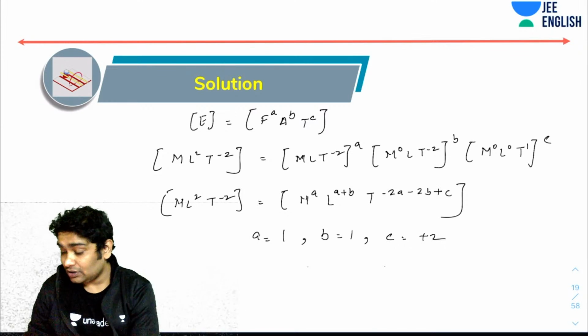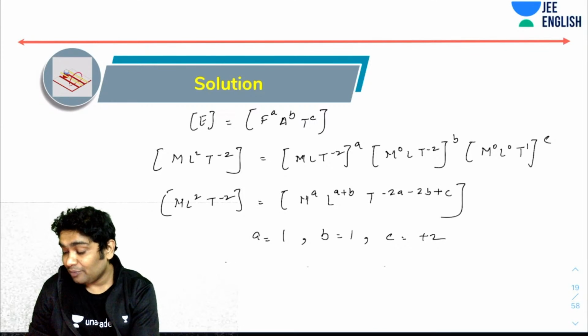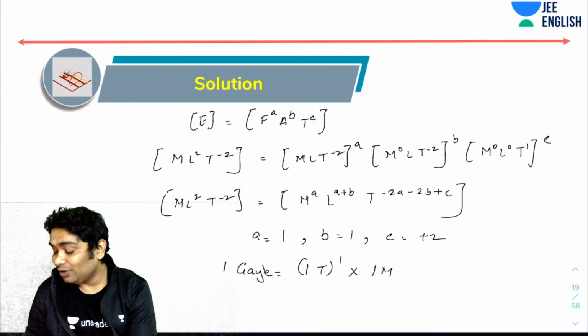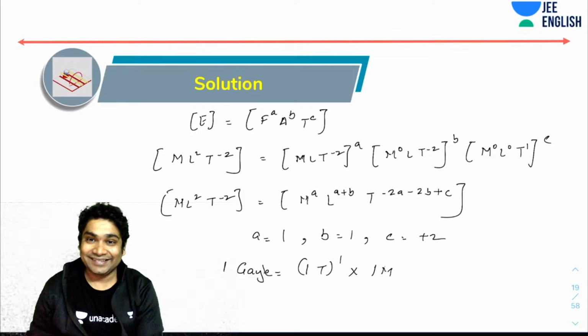Okay, now so I can say that one gale would be equal to one Tendulkar to the power 1, okay, into one Mahi to the power 1 into one UV to the power 2. Correct?